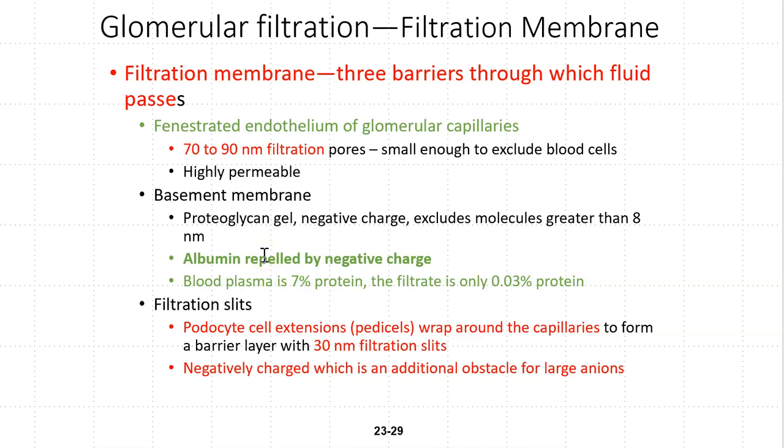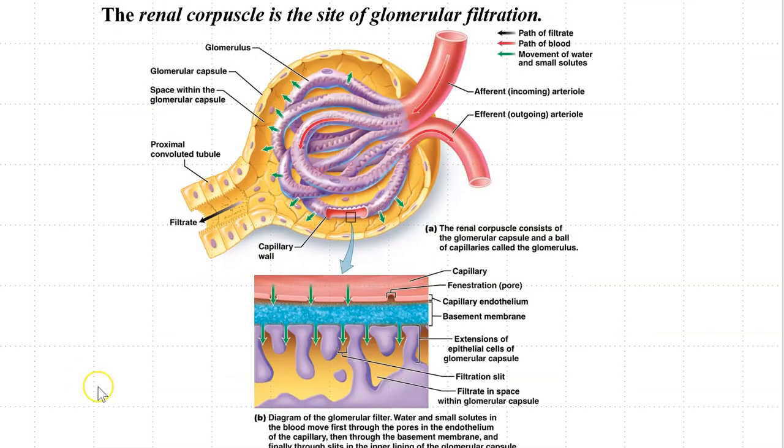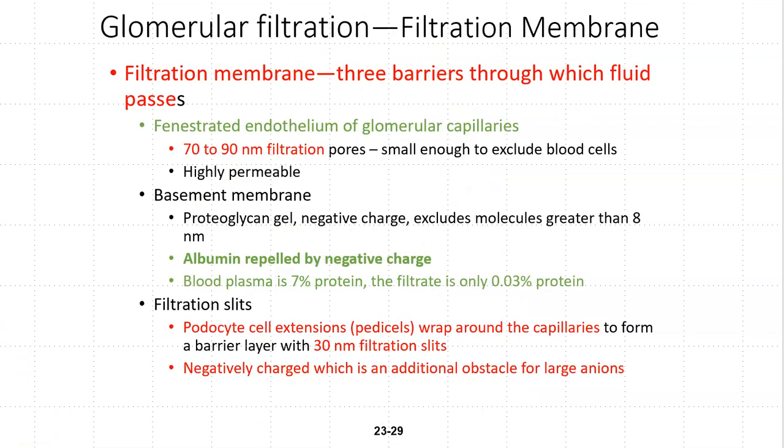The larger molecules greater than 8 nanometers are excluded right at the basement membrane, and anything that has a negative charge gets excluded at this tip. And then the filtrate passes through the filtration slits formed by the podocytes. Podocytes are cell extensions that wrap around the capillaries, and anything that is negatively charged cannot easily pass through these podocytes.